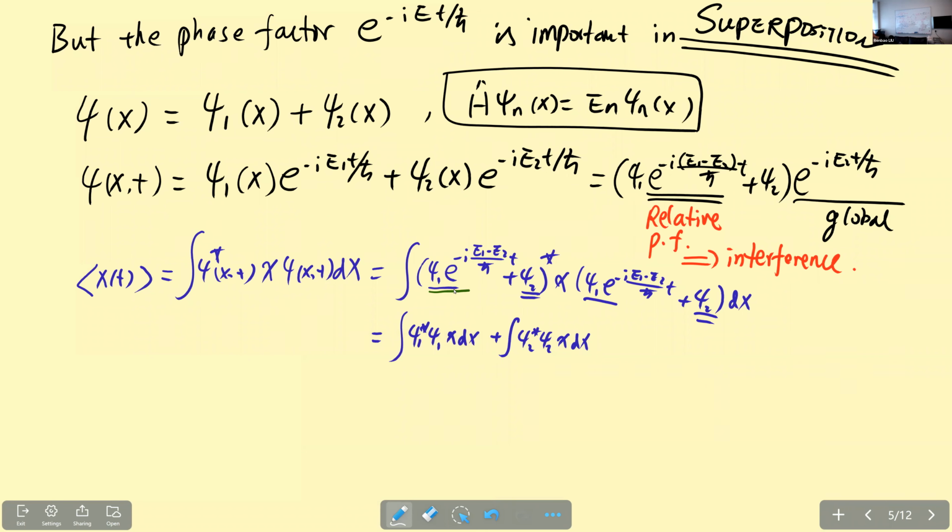This one goes with this one, or this one goes with this one, and these two terms are complex conjugates. So if you write them down, you have psi 1 complex conjugate and psi 2, times x, e to i (E1 minus E2) over h bar and t. And another term is just the complex conjugate. Do the integration of this over x.